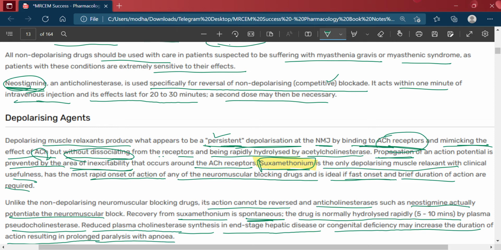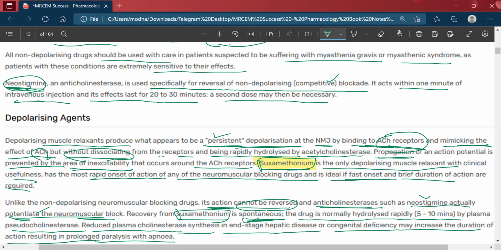Unlike the non-depolarizing neuromuscular blocking drugs, this depolarizing agent's action cannot be reversed. Anticholinesterases such as neostigmine actually potentiate the neuromuscular block; it increases the neuromuscular block. Recovery from succinylcholine is spontaneous.